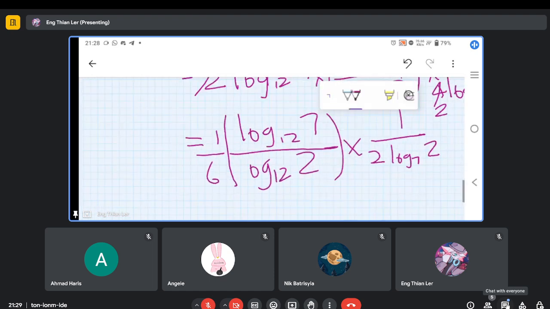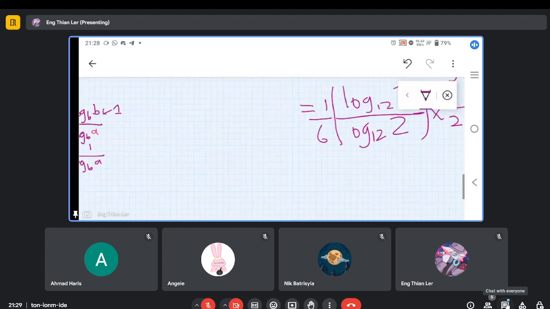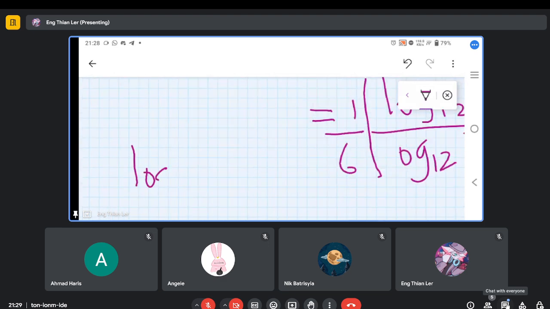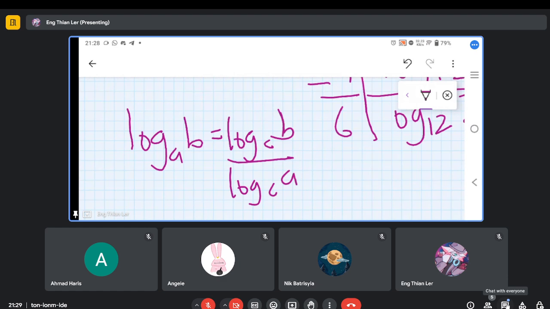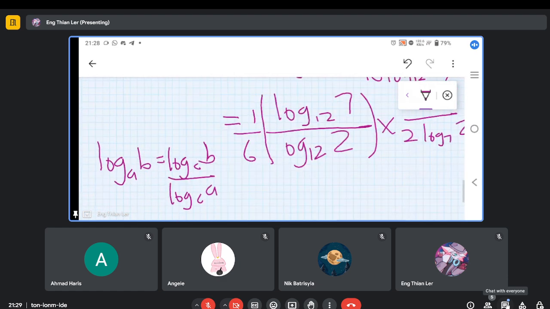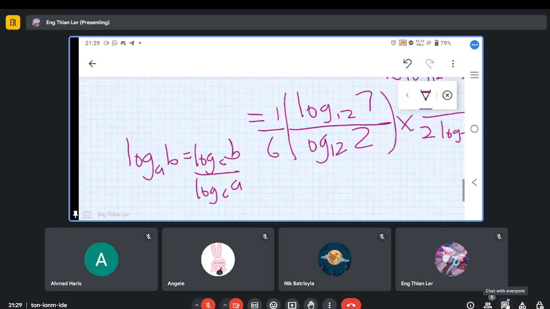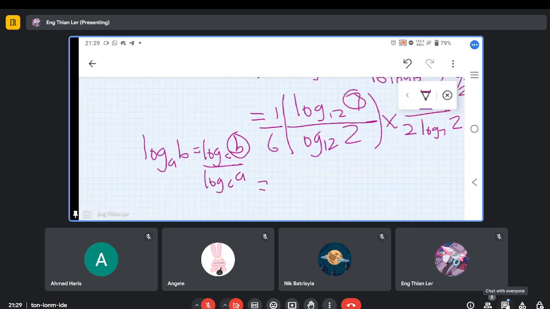Okay, we recall the formula: log A B equals log C B over log C A. So C is 12. So this is actually equal to log B base A. So what is the base? Base 2.